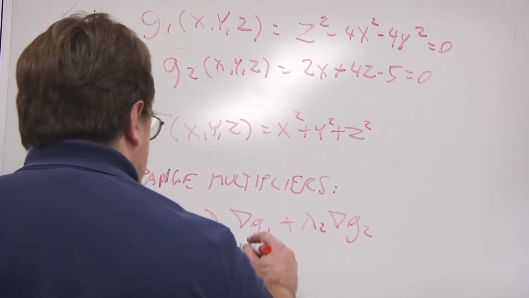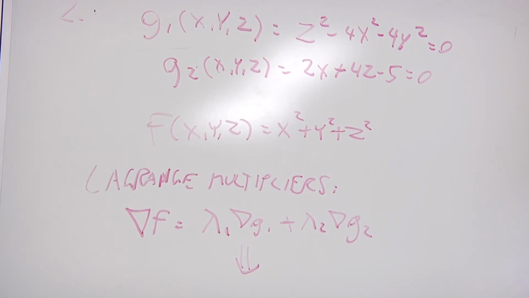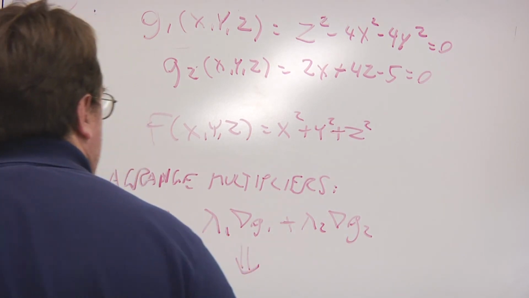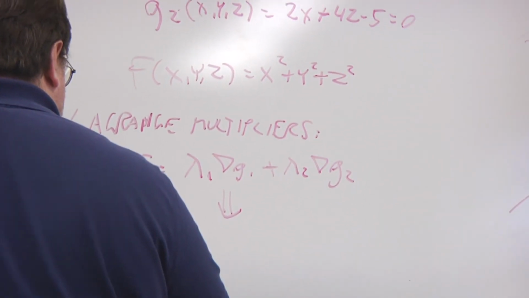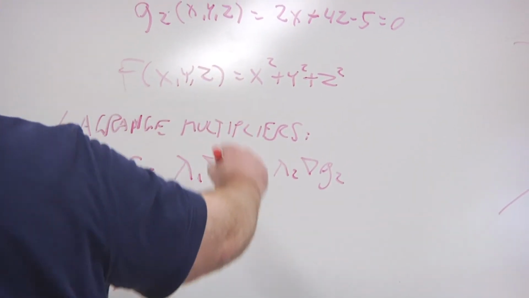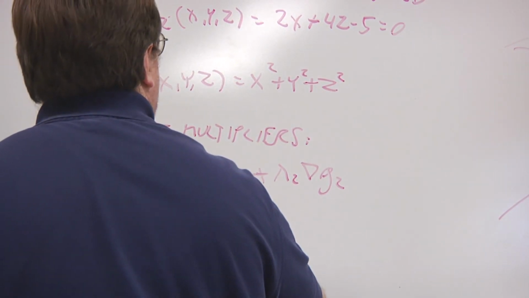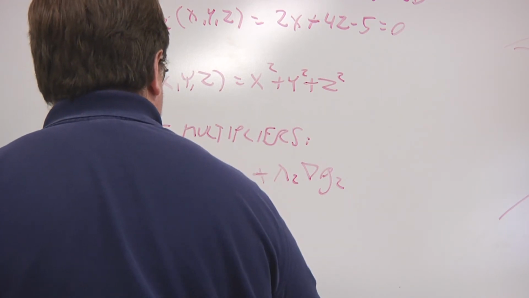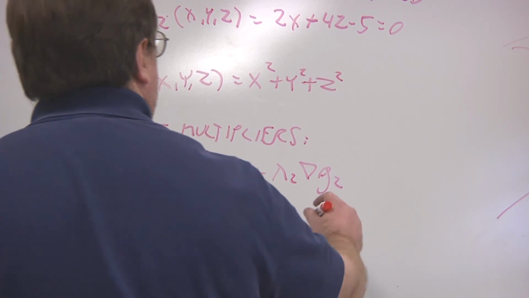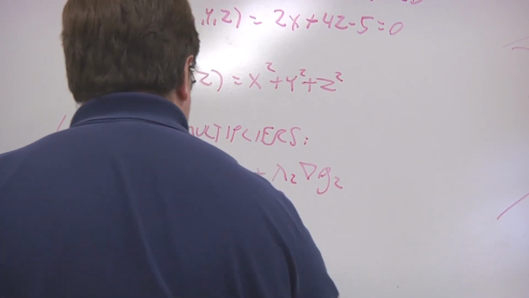So if you take this and write out everything, what you're actually going to get is a system of 5 equations. Gradient of F is going to be 2x, 2y, 2z. Gradient of G1 is going to be minus 8x, minus 8y, 2z. Gradient of G2 is 2, 0, 4.